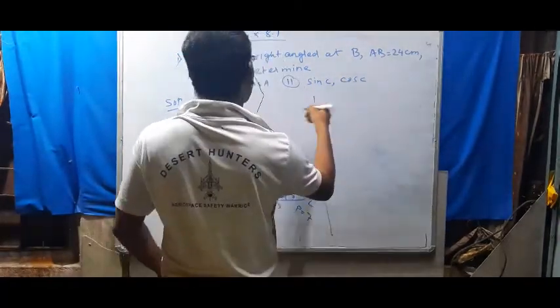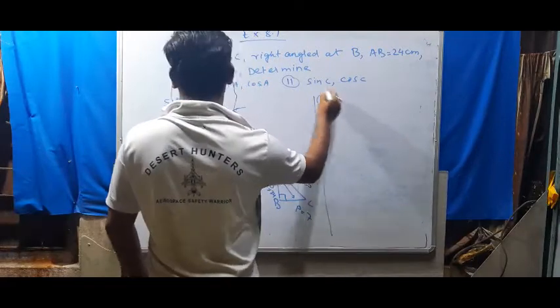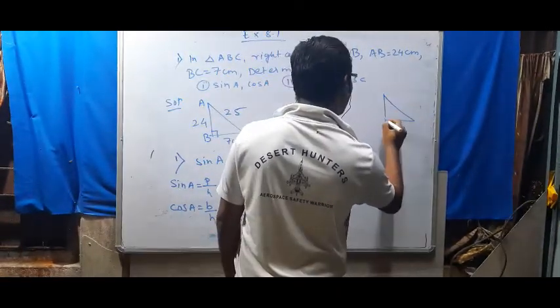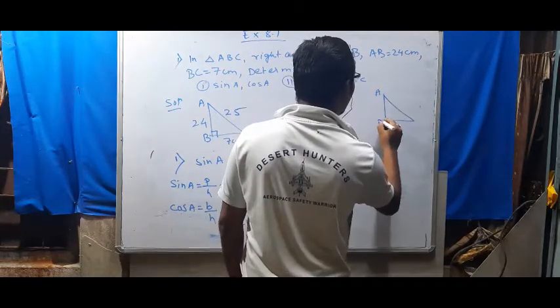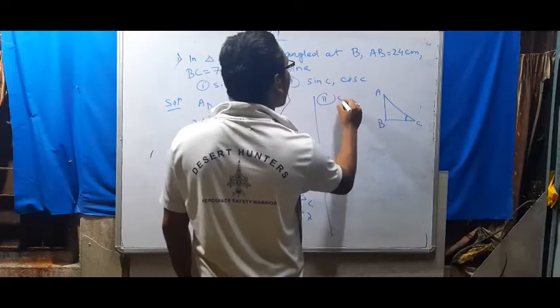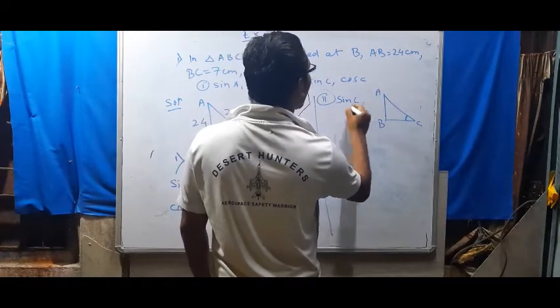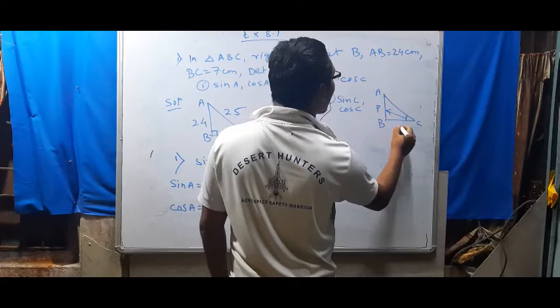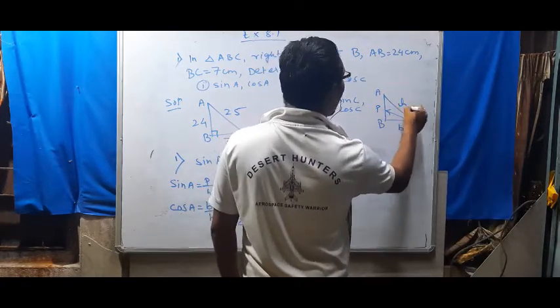Similarly, for the next case, number 2, I draw the same figure ABC. So I take angle C because we have to find sin C and cos C. So this will become perpendicular, this will become base, this will become hypotenuse.